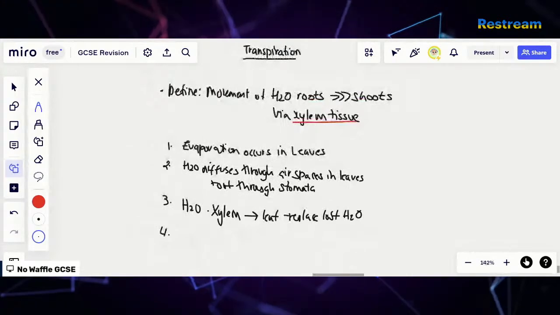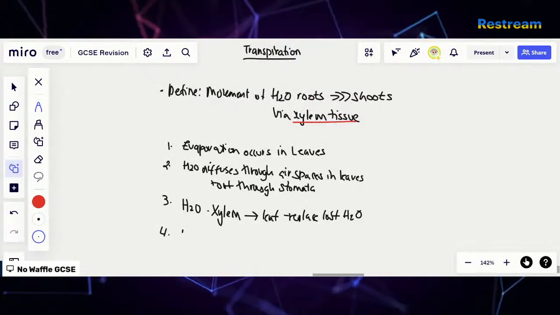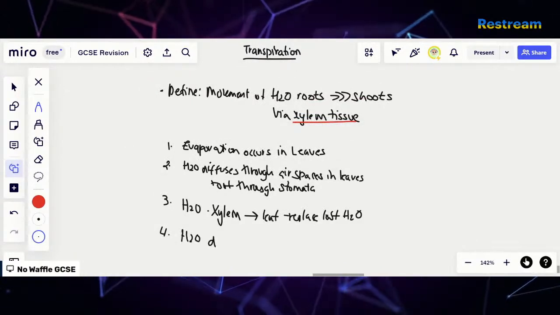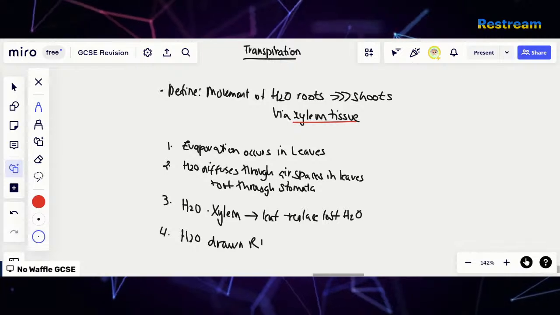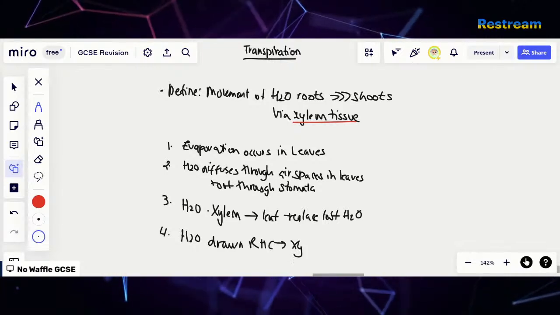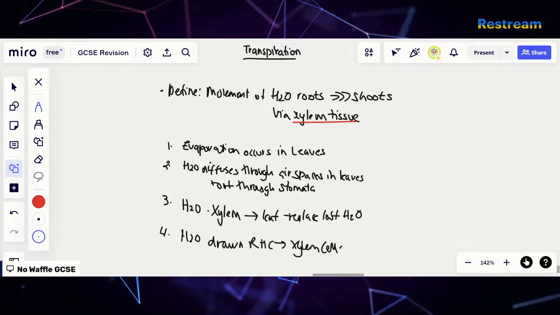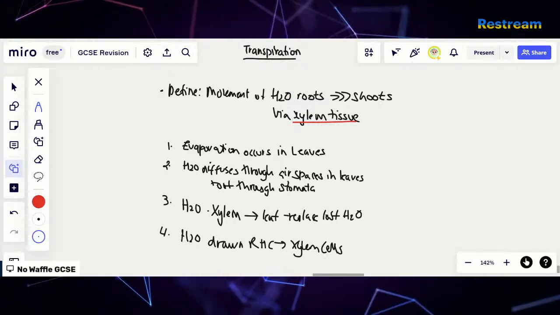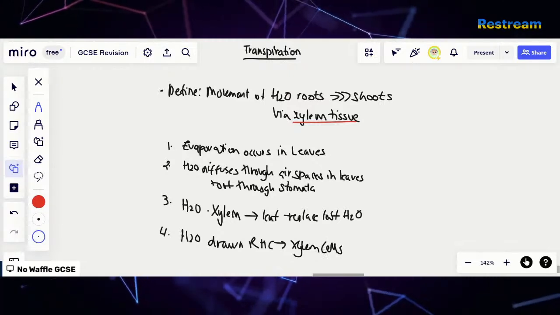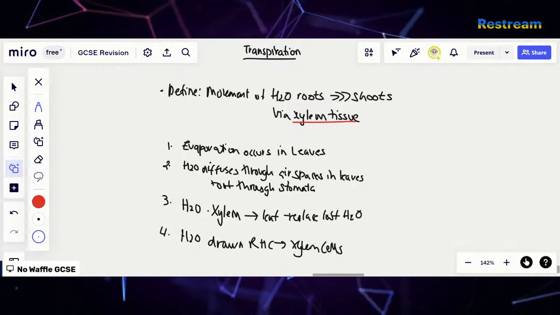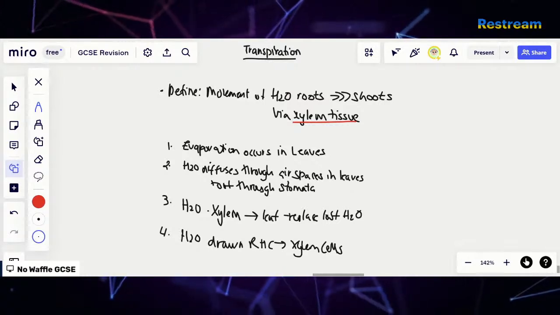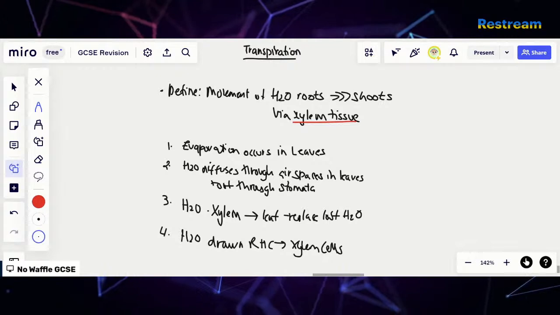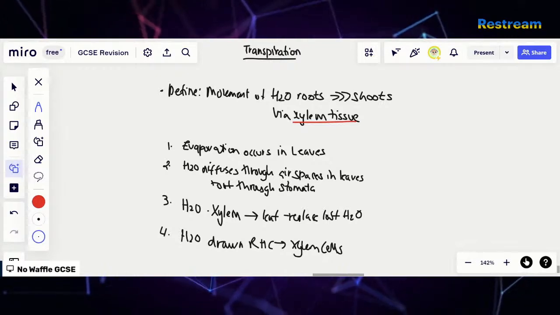Then what happens is water is then drawn up from the root hair cells to the xylem cells, to replace the lost water in the xylem. And it's always initiated by the fact that the evaporation of water occurs in the leaves. The water going through the air spaces and out through the stomata causes all of this.